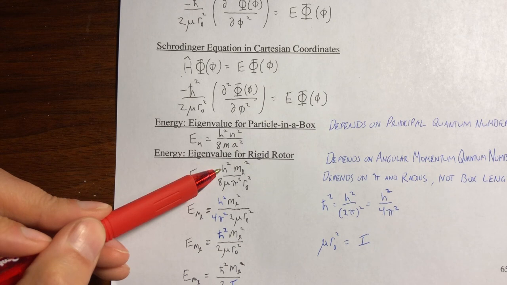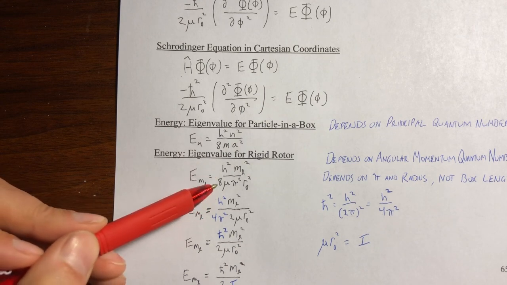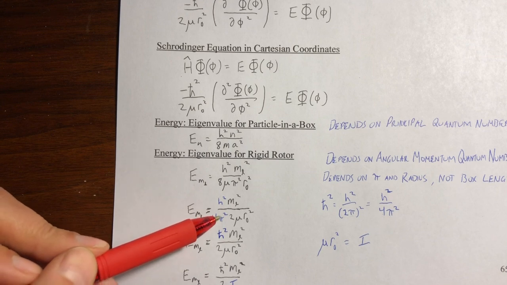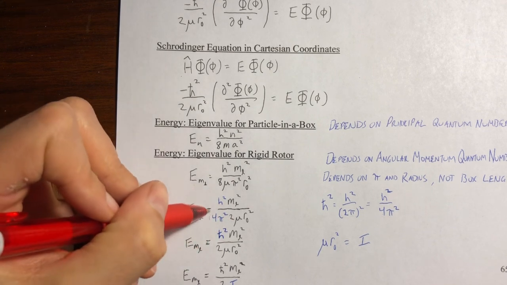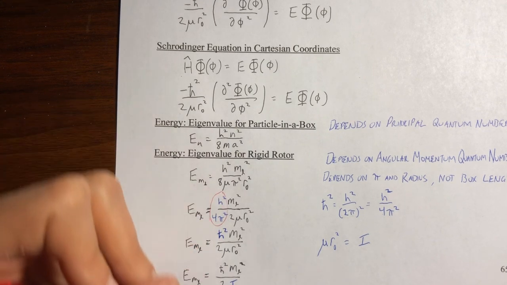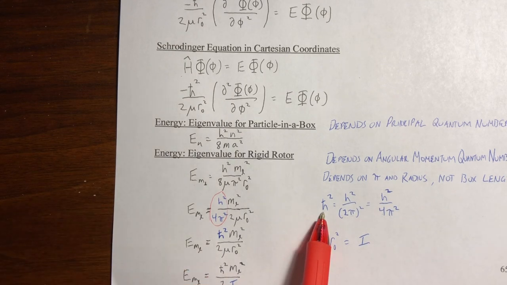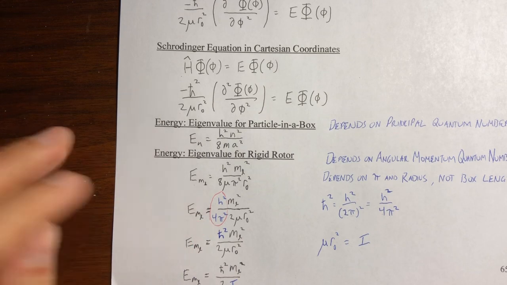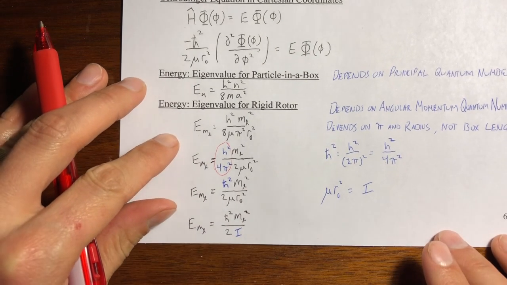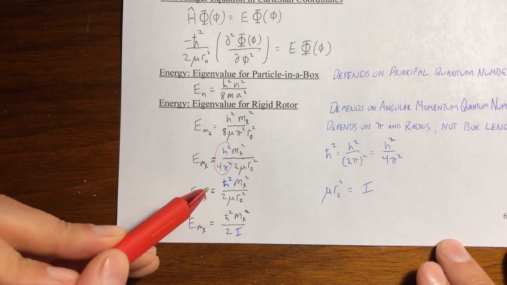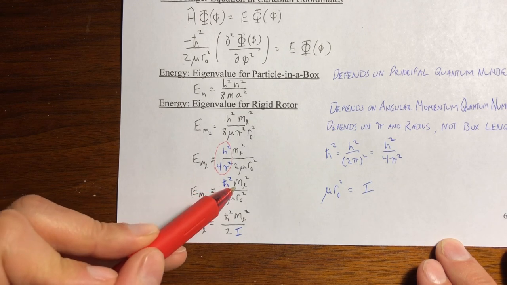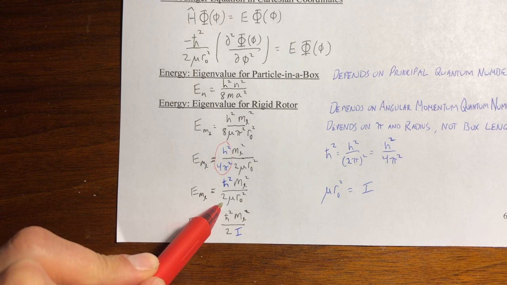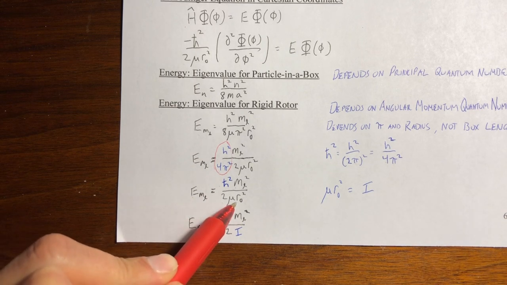So in the numerator we have h squared, which is here. 8 and pi squared can be separated into 4 times pi squared times 2, and that leaves us with an expression here that is equal to h bar squared. So if we make the substitution of h squared over 4 pi squared, we get a slightly more simple eigenvalue equation. Energy is equal to h bar squared times angular momentum quantum number m sub L squared divided by 2 times the reduced mass times radius squared.